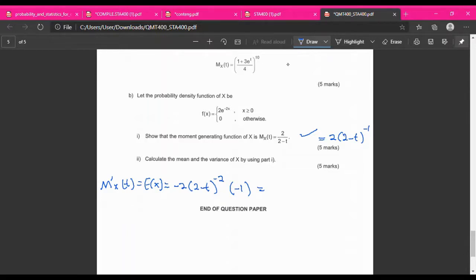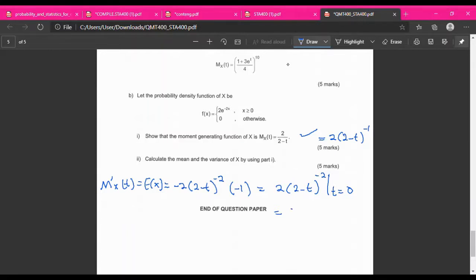So what you will get is 2 minus t power of negative 2. Right? Then replace t with 0.